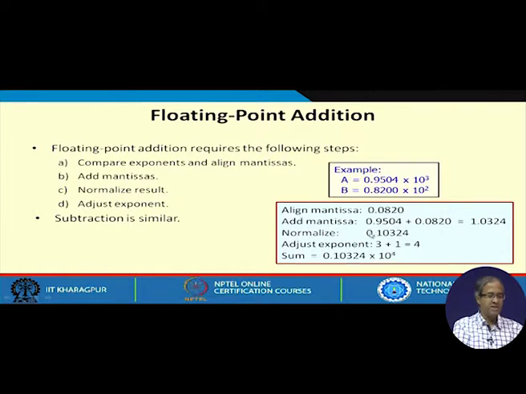Normalization means the result should start with 0, so I shift right by one position. The exponent was 3, but because I have shifted right, I have to adjust the exponent and make it 4. So my final result will be this times 10 to the power 4. These steps can easily be mapped into the various pipeline stages.